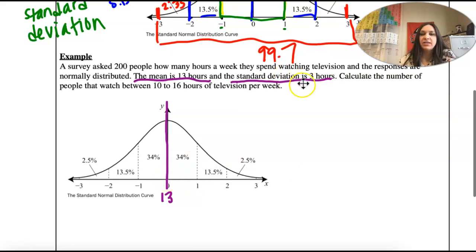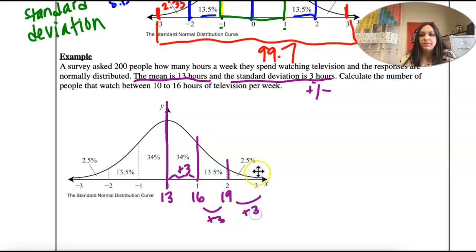Okay, so that tells us what to add or subtract from the mean. So for 1 standard deviation, we're going to add 3. So this line represents 16 hours. This line represents 19. Do you see I'm just adding 3? Adding 3. This represents 22.